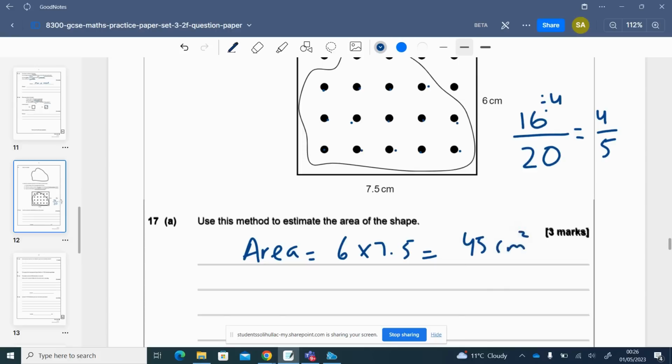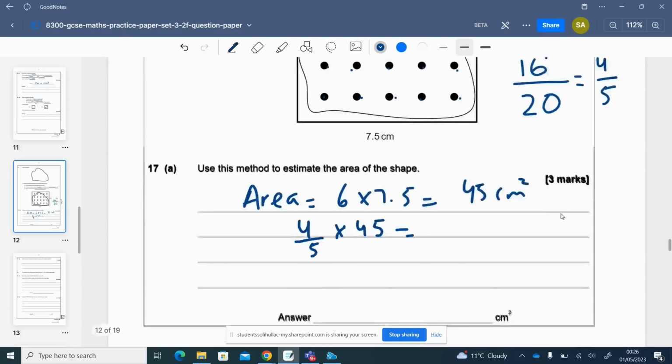So if we want to find the area of the shape, we need to do 4 over 5 of, which means multiply 45. Now you just simply type this whole thing on a calculator, and that gives you the answer, which is 36 centimeter square.